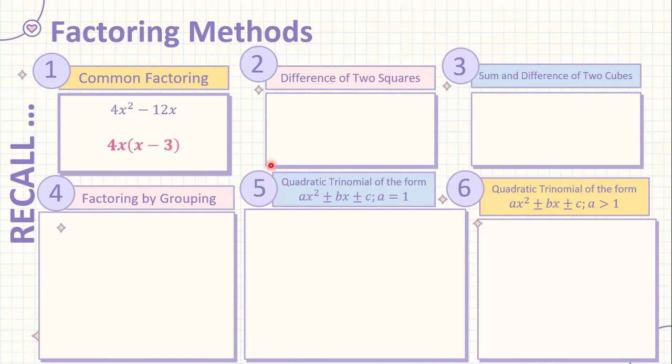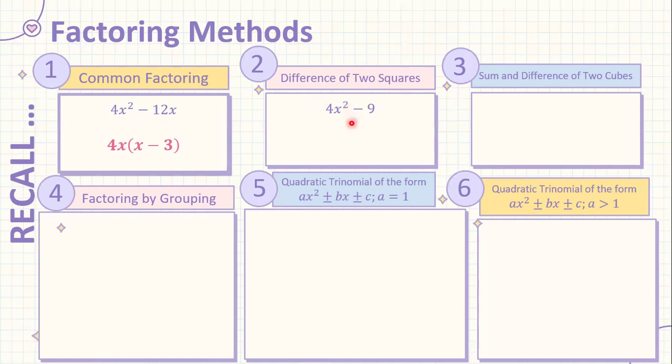The second one, the difference of two squares. If we have this expression, 4x squared minus 9, what are the factors of 4x squared? That is 2x and 2x. How about the negative 9?